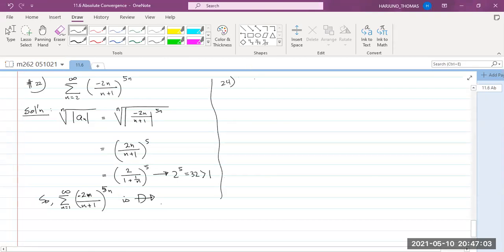Number 24: the series from 1 to infinity of 2n factorial over n factorial squared. Ooh, that's ugly.